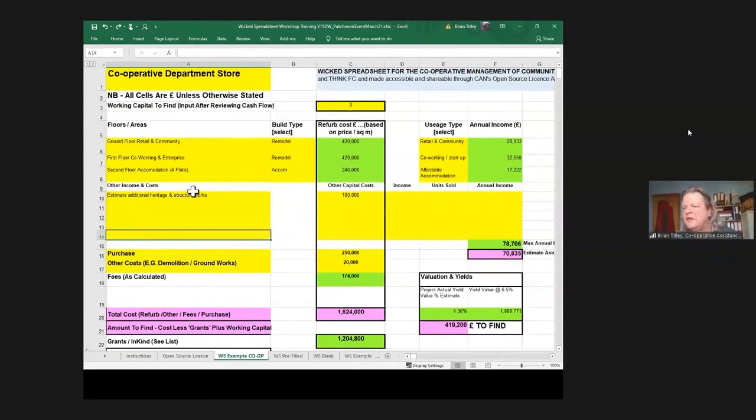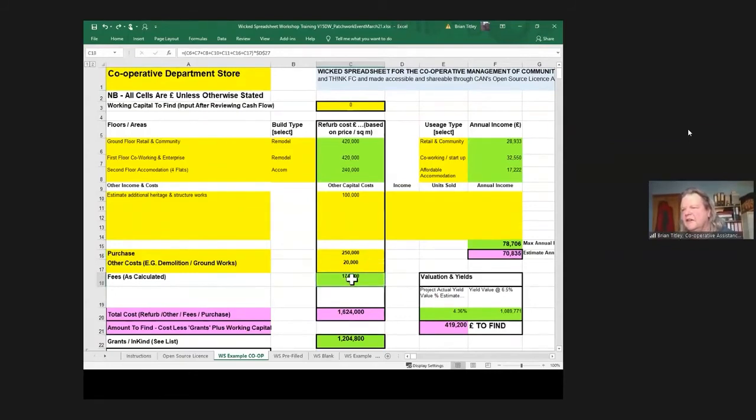So there's a bit of extra cost in here. There's estimated additional heritage and structural works that have been put in here. There's a purchase price of $250,000. So looking at the actual other costs of 20,000 and fees as calculated.